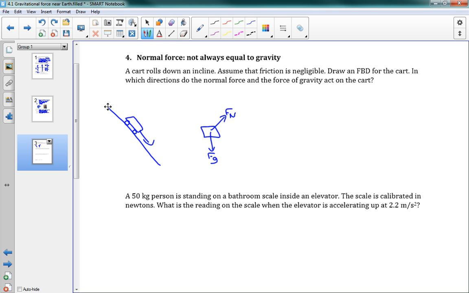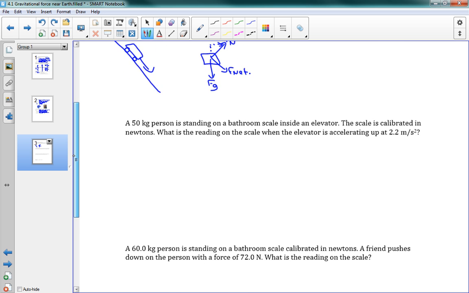Now, our normal force doesn't perfectly balance out gravity. You can see that if I add those two up, well, the vertical components are going to cancel out a bit, but I'm going to get a net force going in this direction. This is going to be my net force when I add those two together. And that's why I end up accelerating down the hill. Okay. We'll look at the next problem here.